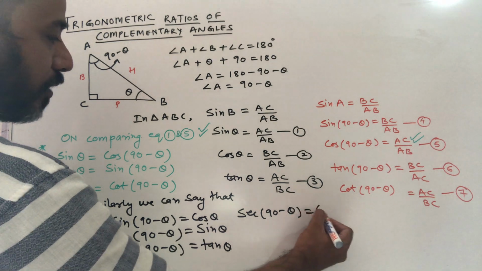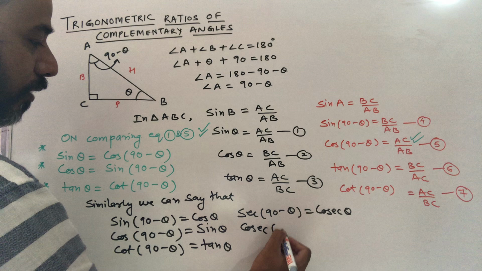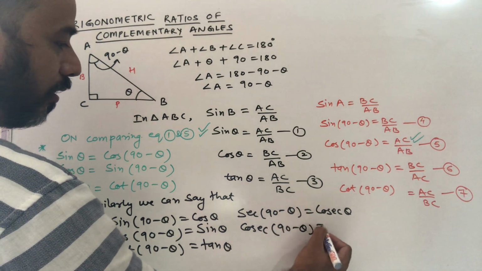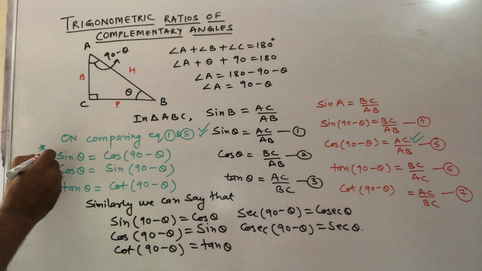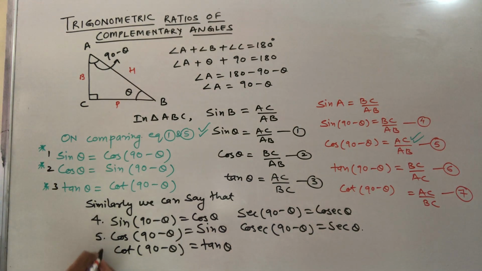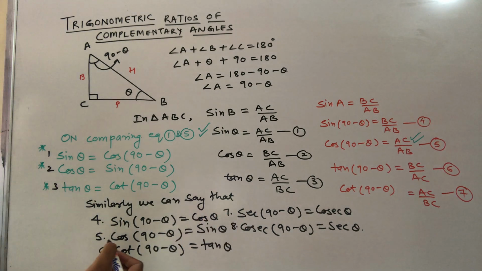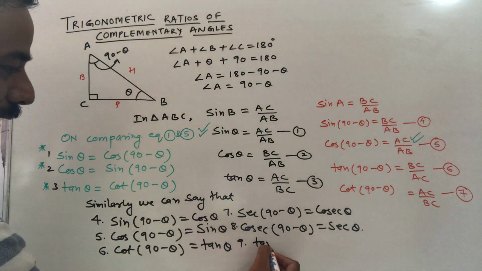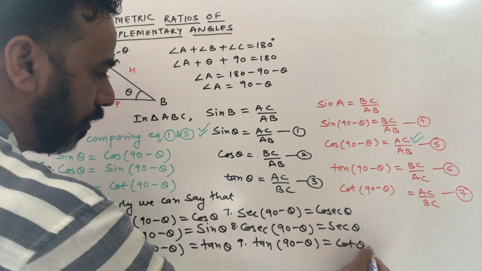Sec will convert into cosec, and cosec will convert into sec. So these are the results, 1, 2, 3, 4, 5, 6, 7, 8. Sorry, 8 results are there. So cot 90 minus theta is tan theta, and you can write one more result, tan 90 minus theta is also cot theta.